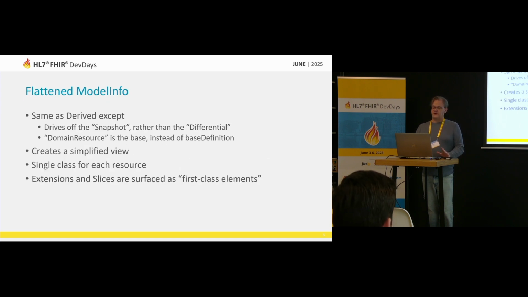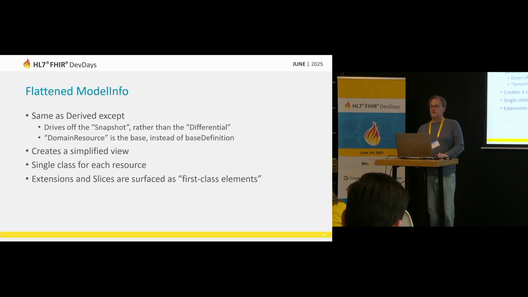Flattened model info is where we drive off of the snapshot in the structure definition instead of the differential. And then we do that to create a simplified view. So instead of that hierarchy where a FHIR patient and then a US Core patient and then a QI Core patient, we actually flatten all of that into the same level and present that as a single unified view to the authors.